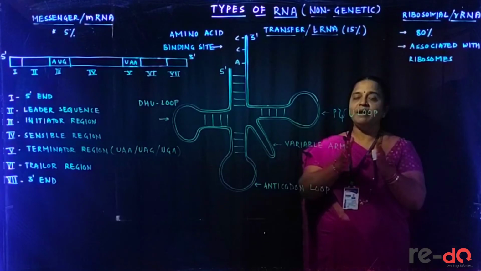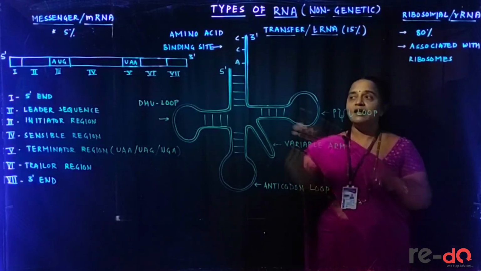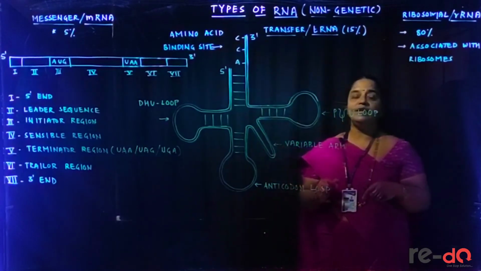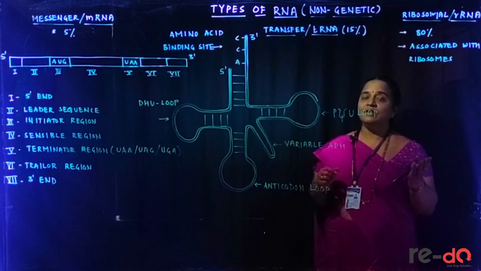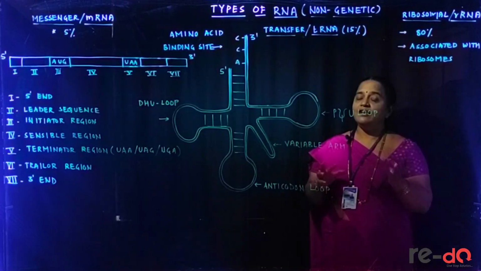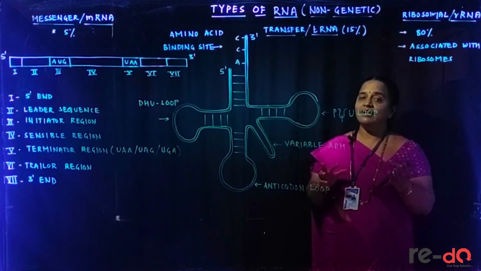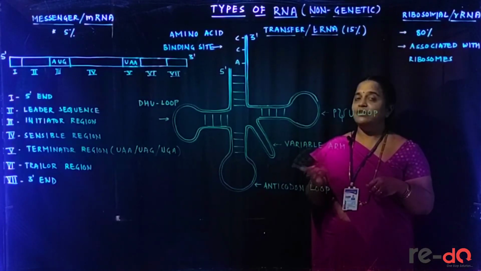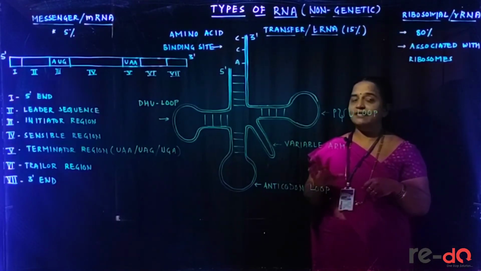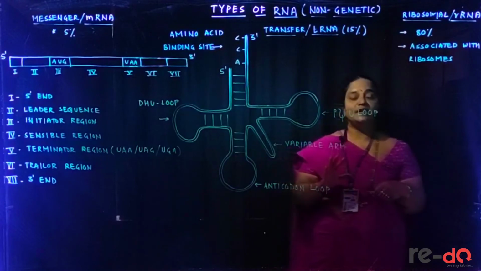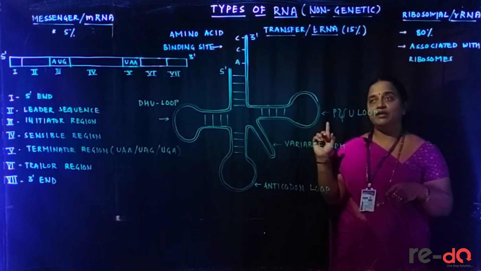Wherever anti-parallelity is found, we can see base pairing between adenine and uridine, between guanine and cytosine. There is no thymine here, only uridine and adenine. Like this, base pairing is temporary, not constant like in DNA molecules.